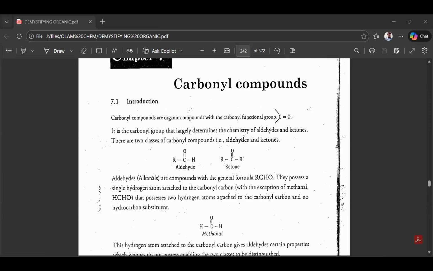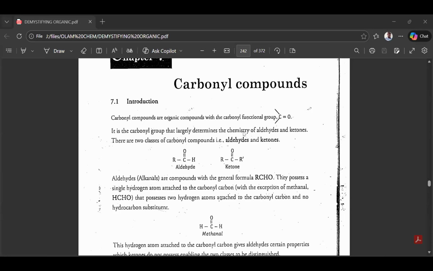The classes of carbonyl compounds are two, that is aldehydes and ketones. So aldehydes and ketones are carbonyl compounds, but they are of different classes. So we have a class of aldehydes and a class of ketones. Those are the two classes in carbonyl compounds.